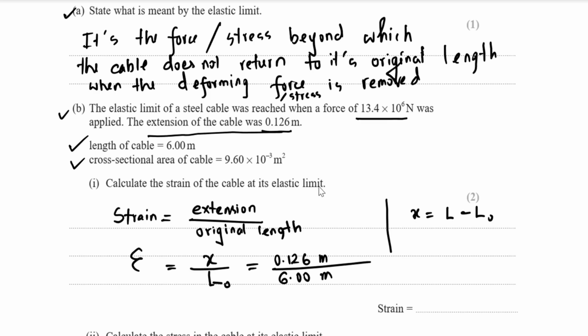So strain will be 0.021. Strain has no unit because it is the ratio of the same thing. Remember, strain has no unit.